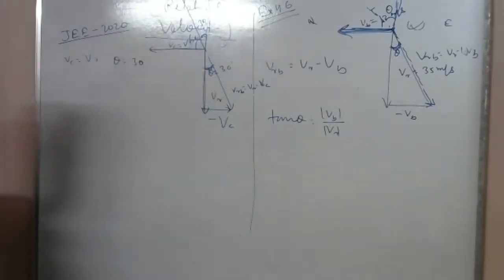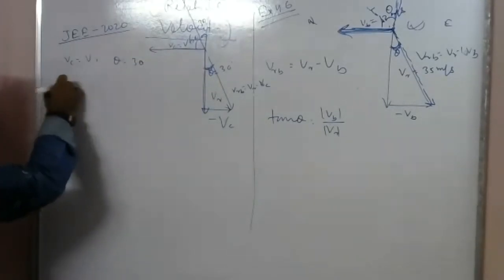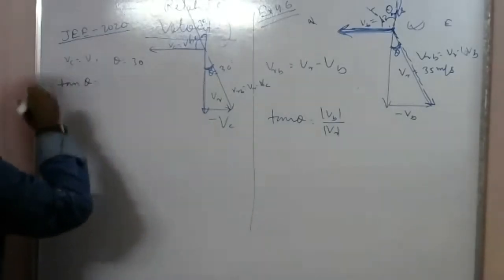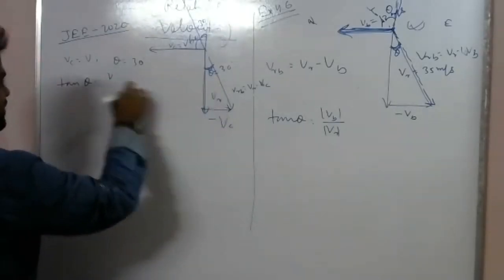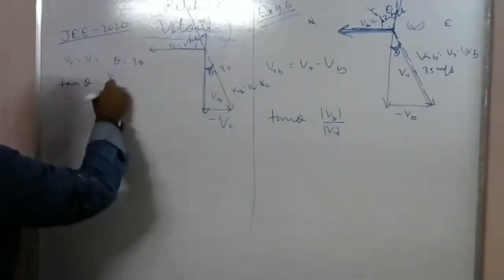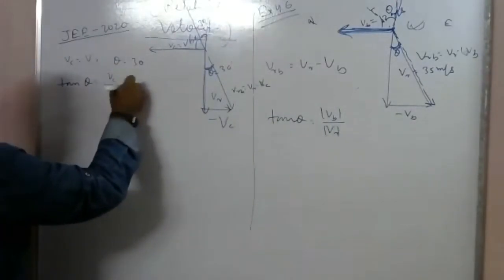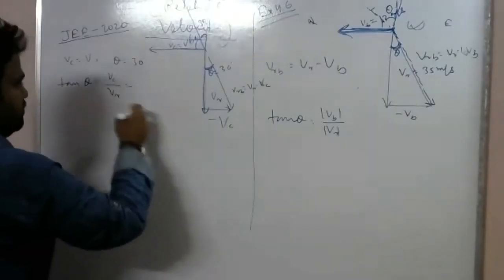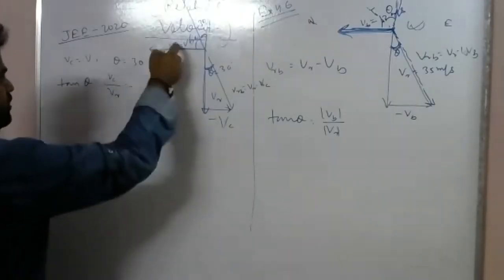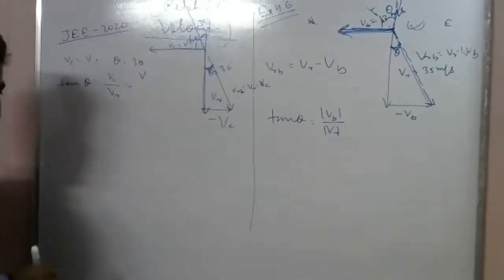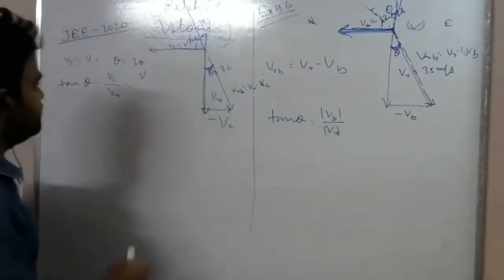Now what is your tan theta then? Tan theta will be VC by VR. This is our formula. VC is your car speed, that is V speed. For 30 degrees, it is moving with V speed.